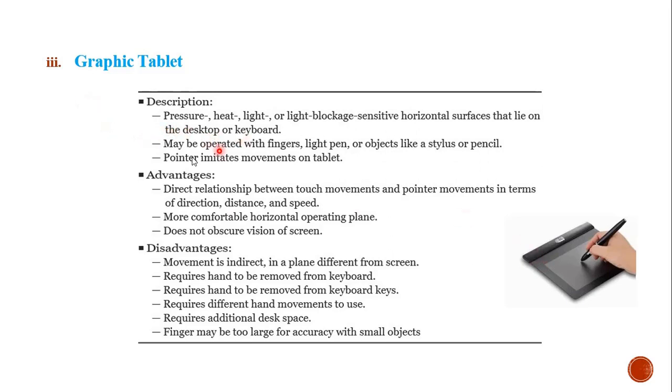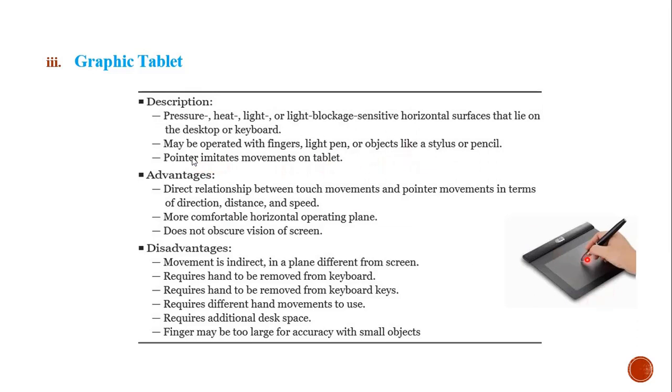It may be operated with fingers, light pen, or objects like stylus or pencil. So how you can operate is you can use your fingers or light pen or stylus or pencil. The pointer imitates movement on the tablet.